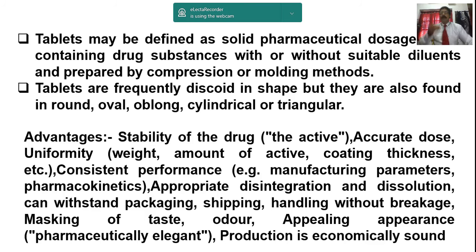So that is the main advantage. It is a unit dosage form, it has uniformity and stability, and also you can see it has consistent performance. Manufacturing parameters and pharmacokinetic parameters also show consistent performance.